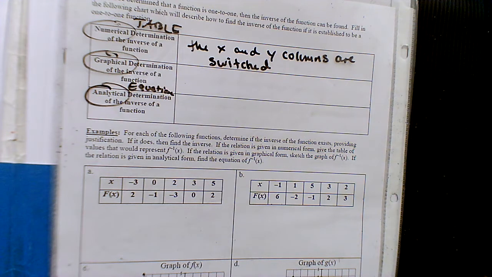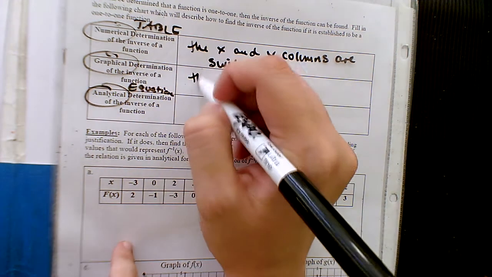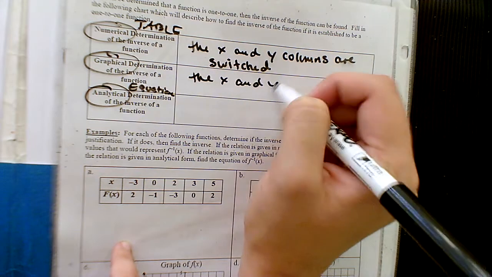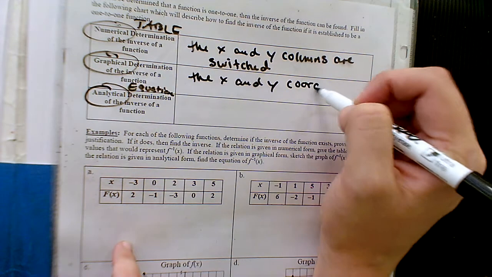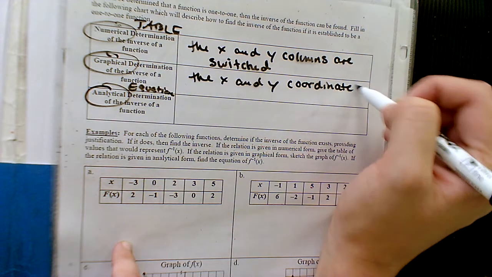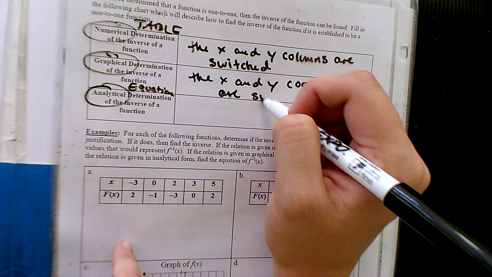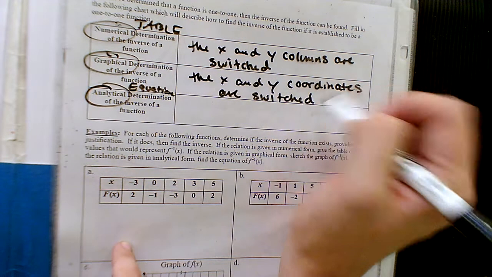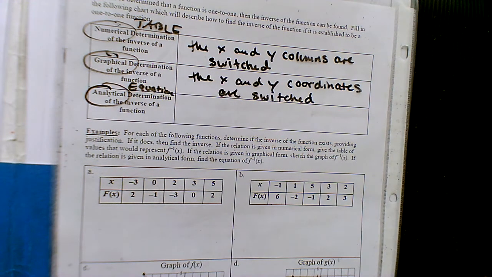For a graph, though, you don't have x and y columns. You have x and y points, coordinates. So the x and y points or coordinates are switched. What about an equation?